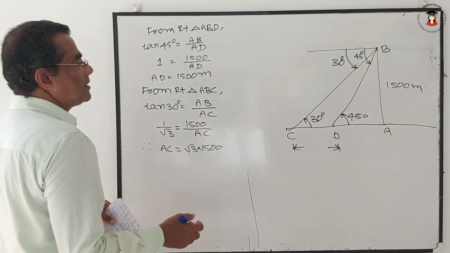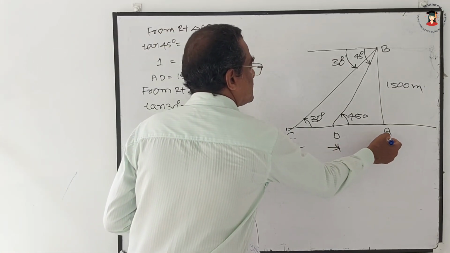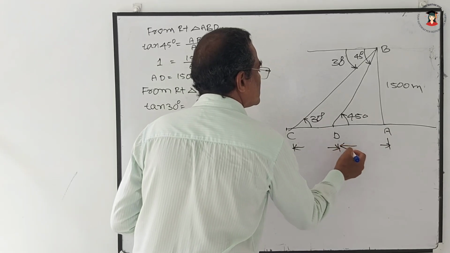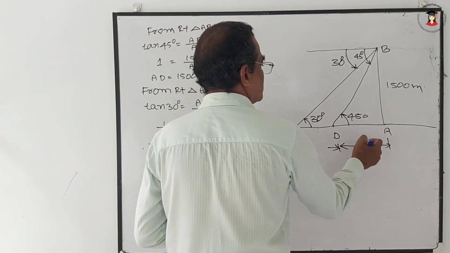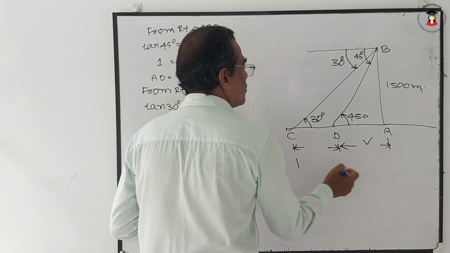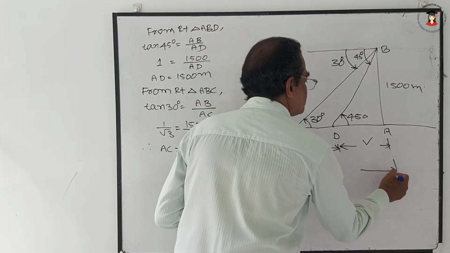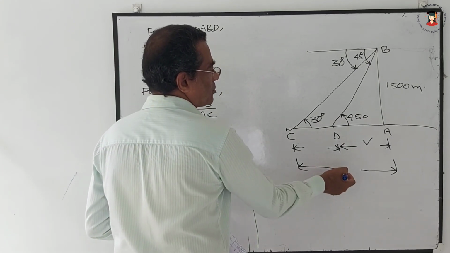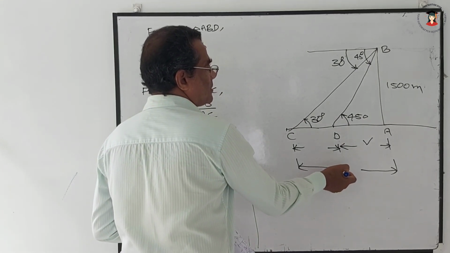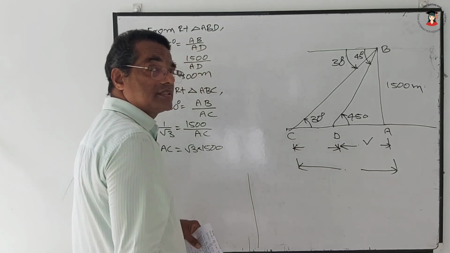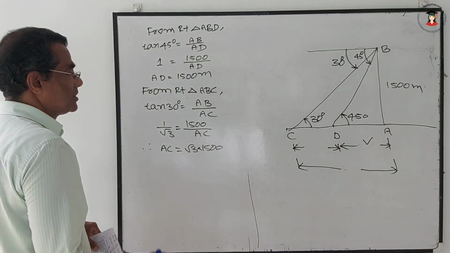So we obtained this distance, and the whole distance also we obtained. So from this whole distance, deduct this distance so that we will get CD, that is the distance between the two ships.